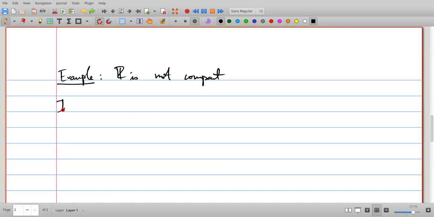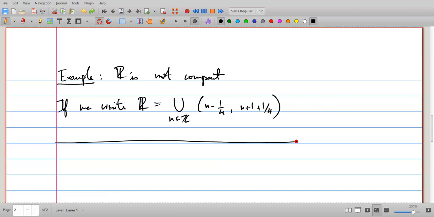So we write R as the union of intervals; in other words, we have the real line, there's n and there's n plus 1, and we are taking intervals of this type and writing R as the union of intervals of this type. Then clearly this has no finite subcover.